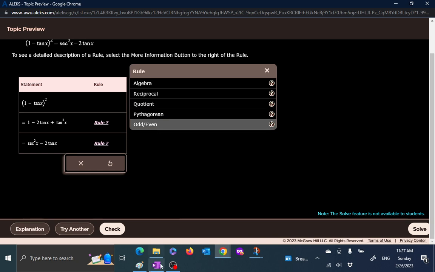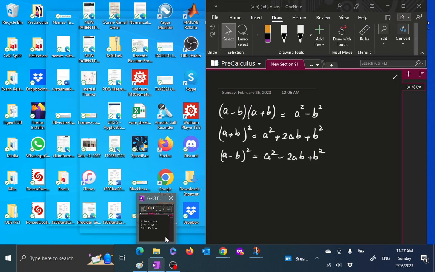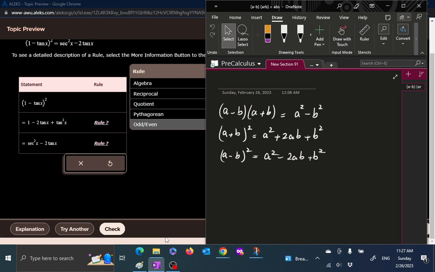Let's just quickly remind ourselves that some basic identities we use, these are coming from algebra, that are true for any expression not related to trigonometry. Simple ones, a minus b times a plus b is a squared minus b squared.